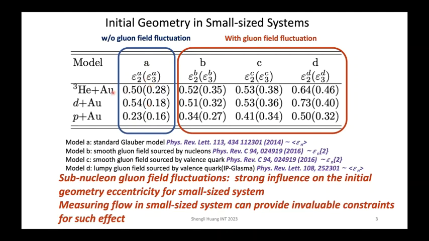You see the He3+Au and d+Au have very large eccentricity compared with the p+Au, and the He3+Au has very large eccentricity compared to the d+Au and the p+Au. Well, if we include the Coulomb fluctuation, this system dependence simply disappears. The three systems' eccentricity looks pretty similar.